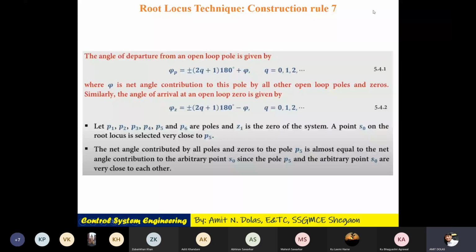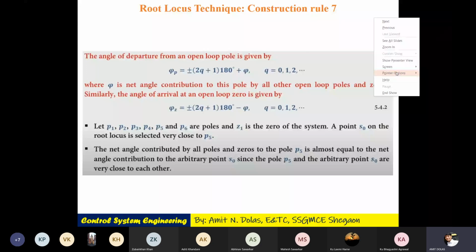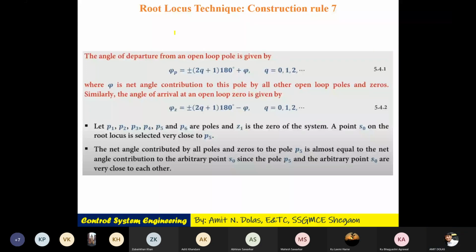Yes, sir. Okay, so as we had discussion on construction rules earlier, in addition to that, we'll discuss one more rule of the root locus, and later on we will be solving several examples.